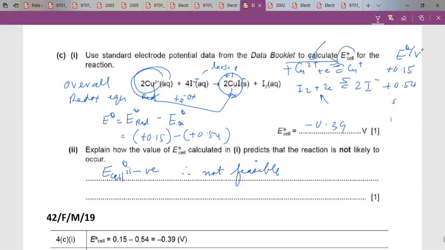According to this equation, iodide is going this way. That means this one here will be positive, accepting electrons, and this one will be negative. So this will be reduction, and this will be oxidation.